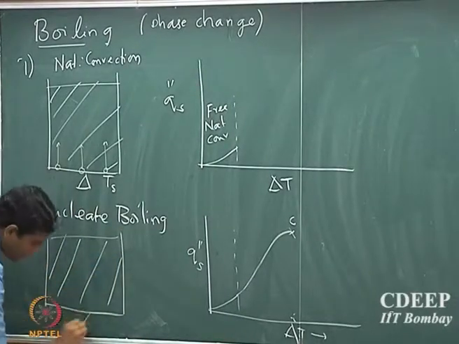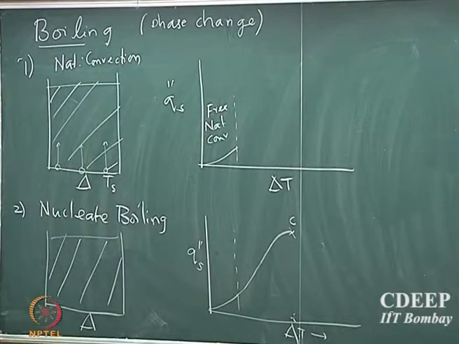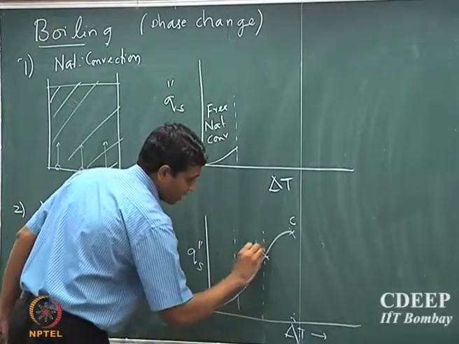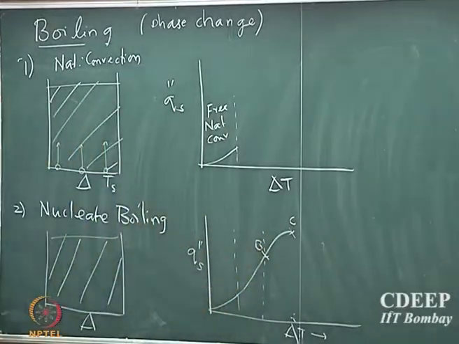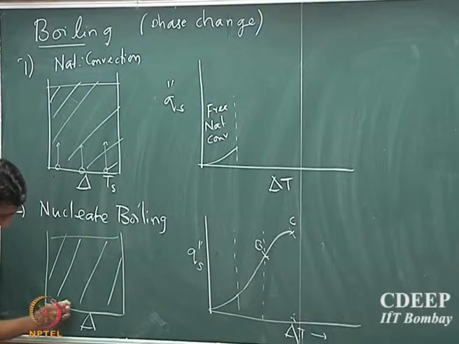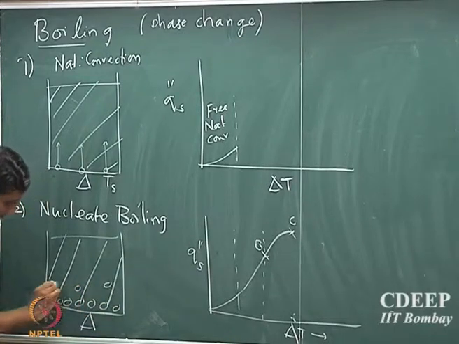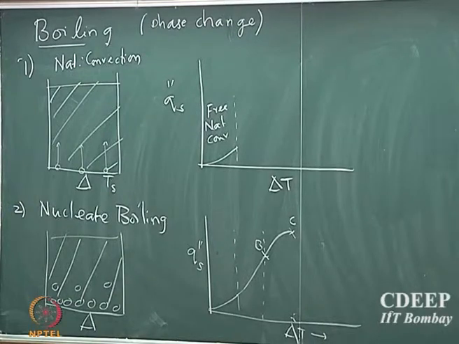So this is the fluid and I have a heating system below. Till a certain point, there will be an inflection point on this curve. Till the inflection point, you will see significant bubbling of vapors. The bottom surface will now have a significant amount of bubbles.